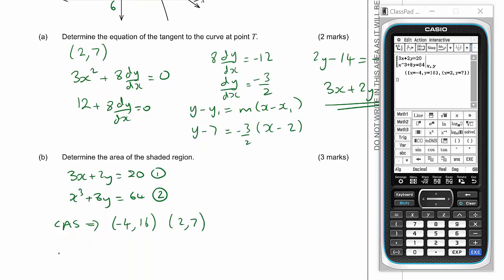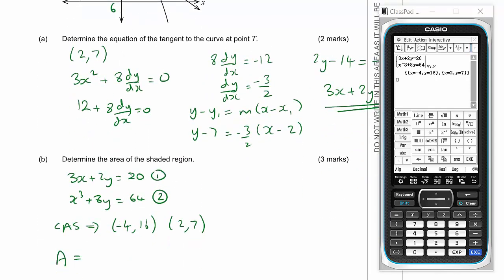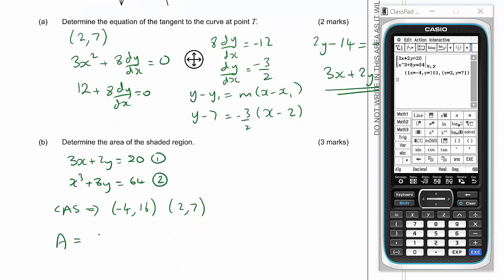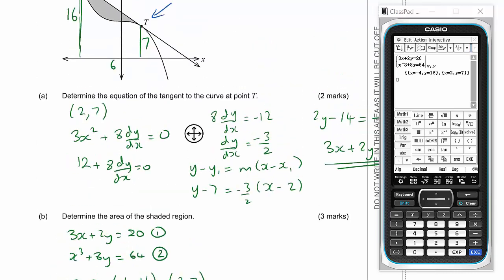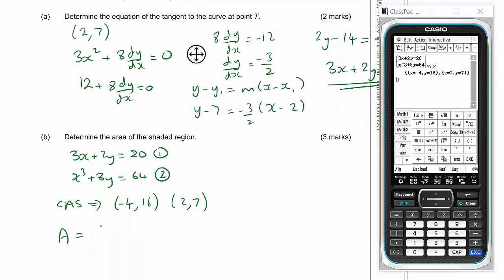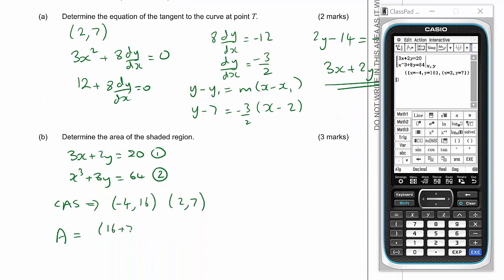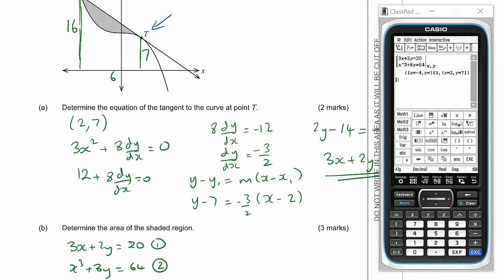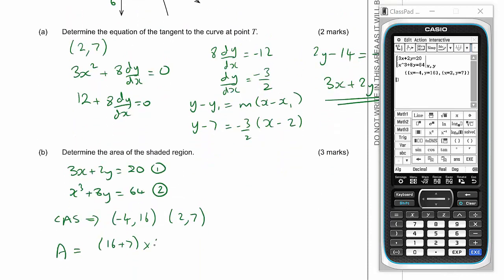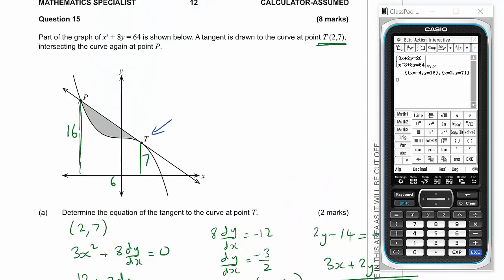So the area that we want is going to be the trapezium. So that's going to be the sum of the parallel sides, which is 16 add 7, multiplied by the distance between them, which is the 6, divided by 2, and then we've got to take away the integral of our curve.